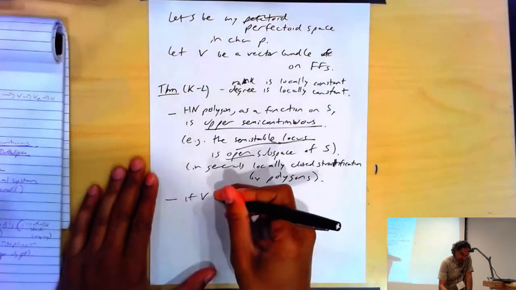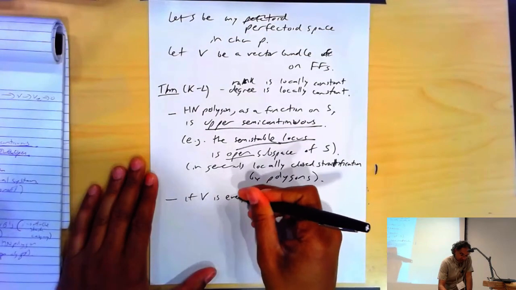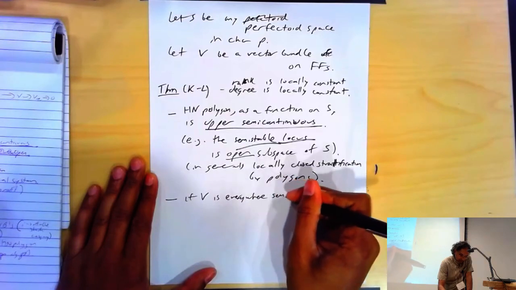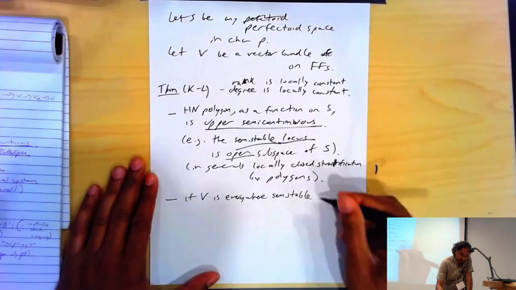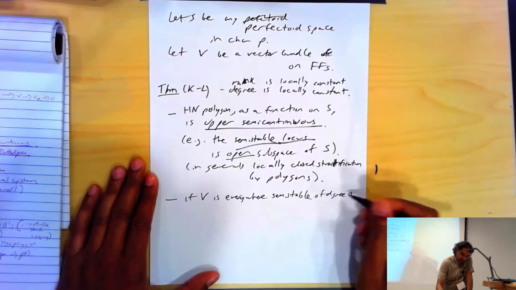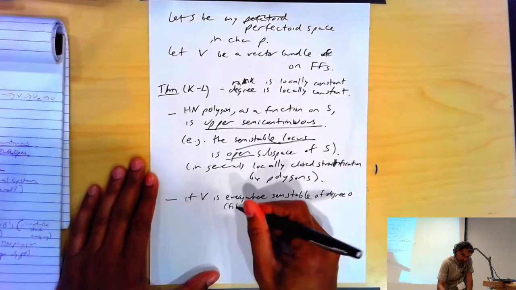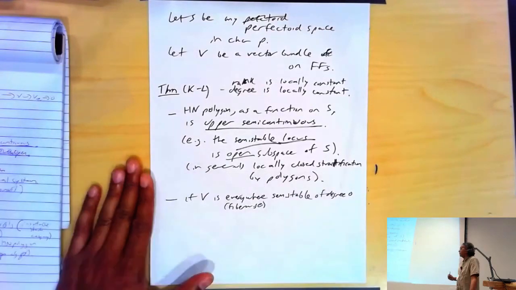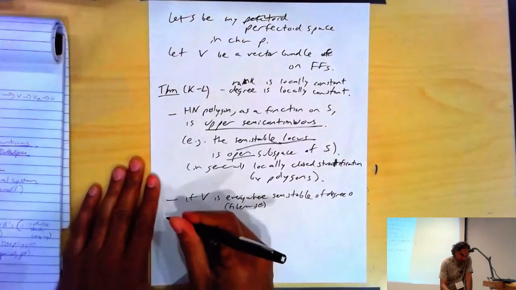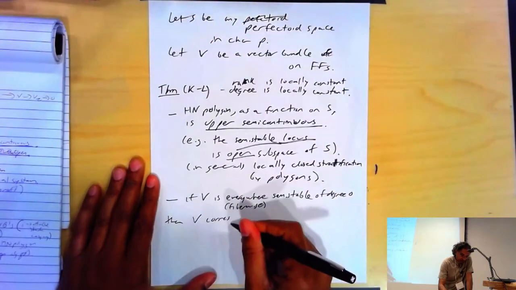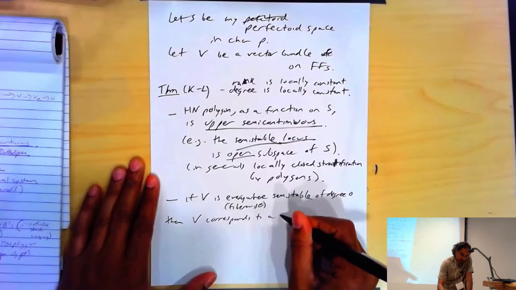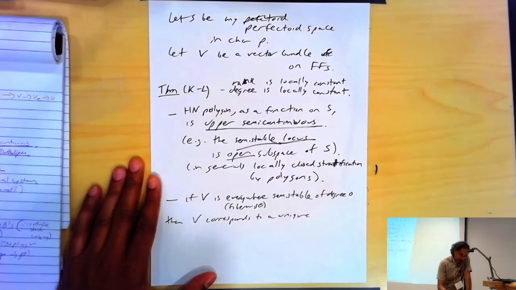So if V is everywhere semi-stable of degree 0, meaning fiber-wise semi-stable of degree 0, then V corresponds to a unique analog of a Galois representation.